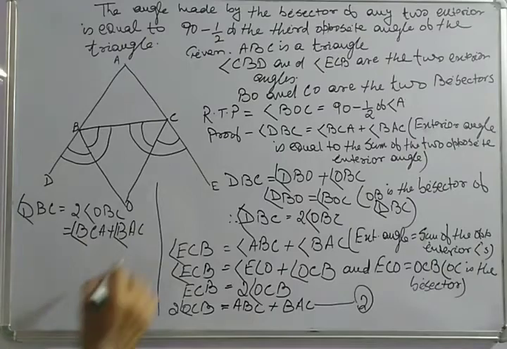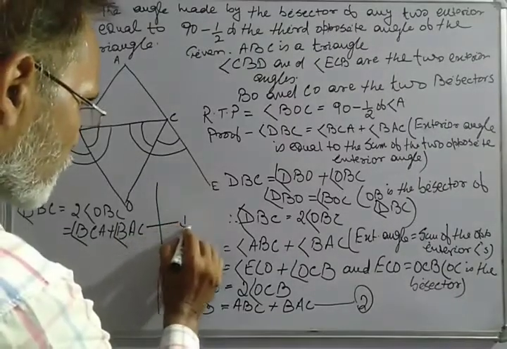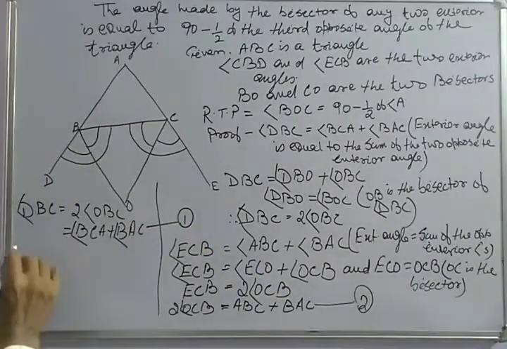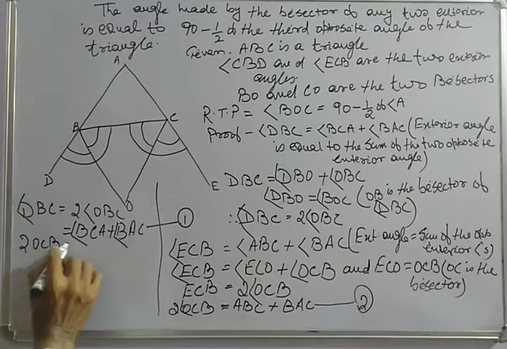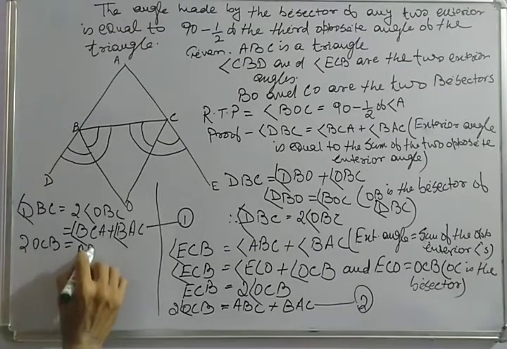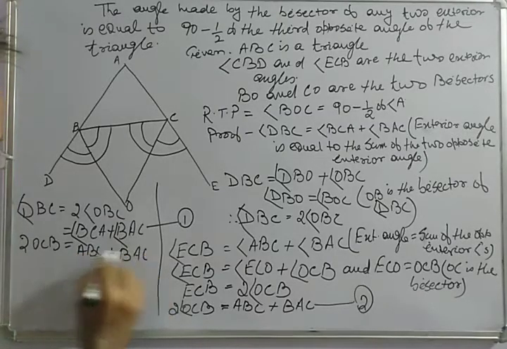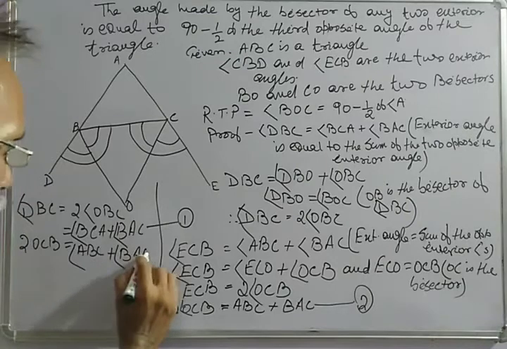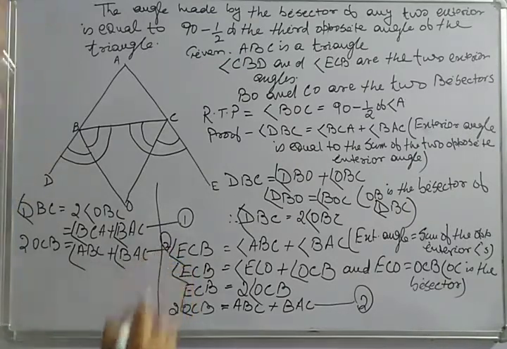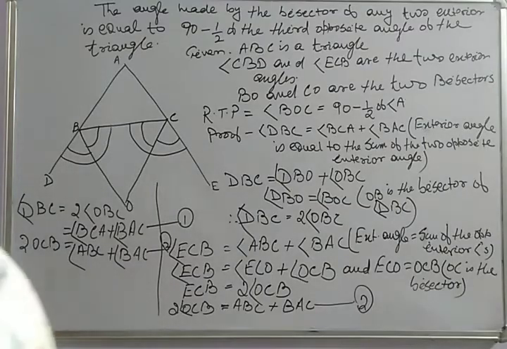So this is the first equation, and this one is 2 OCB. 2 OCB is equal to ABC plus BAC. So this is the second equation. Taking these two, we can prove the above fact.